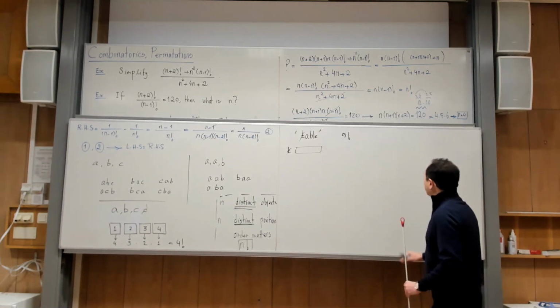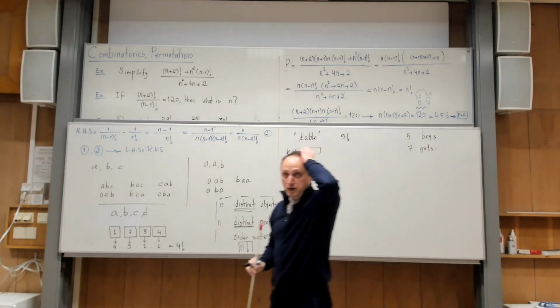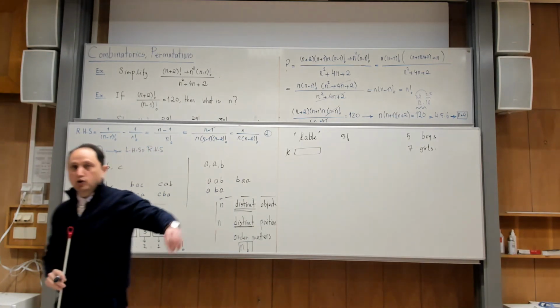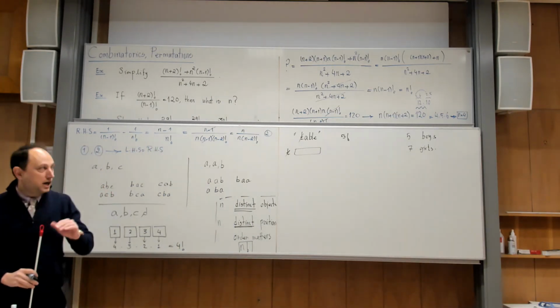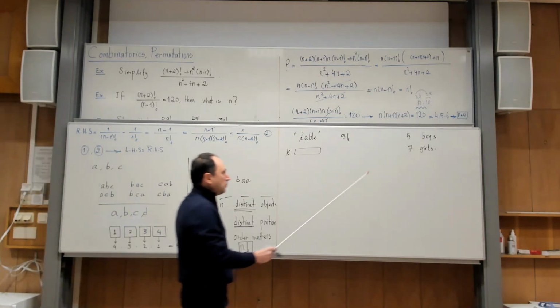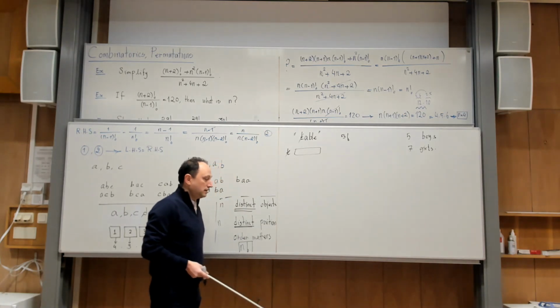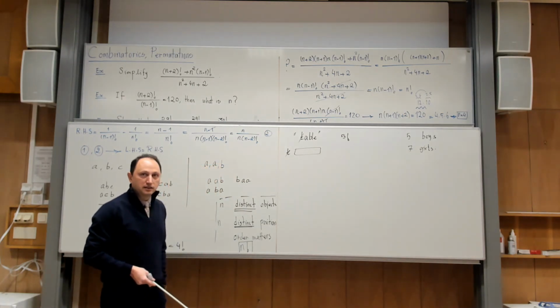Now let me ask you another question. We have 5 boys and 7 girls. In how many ways can these people stand in a queue, alternatingly?